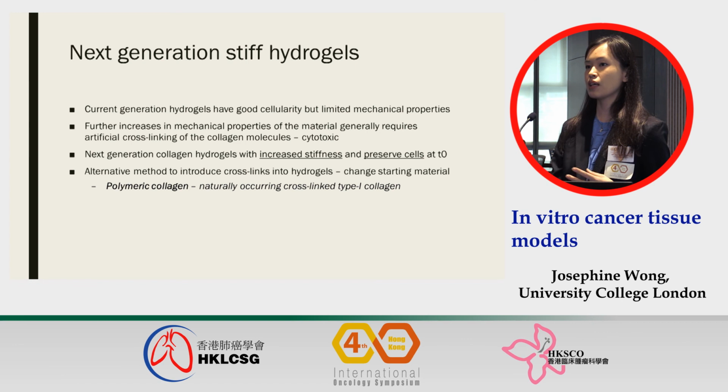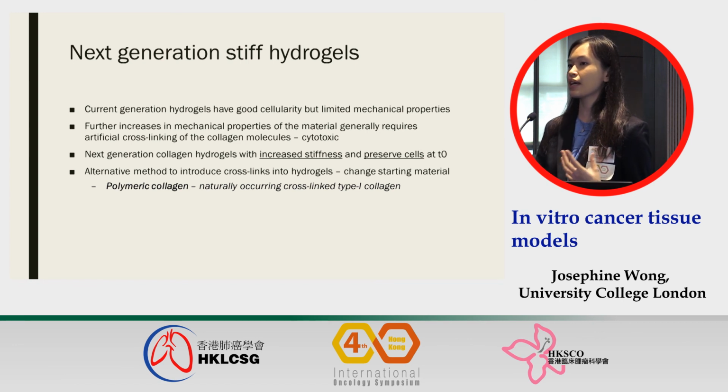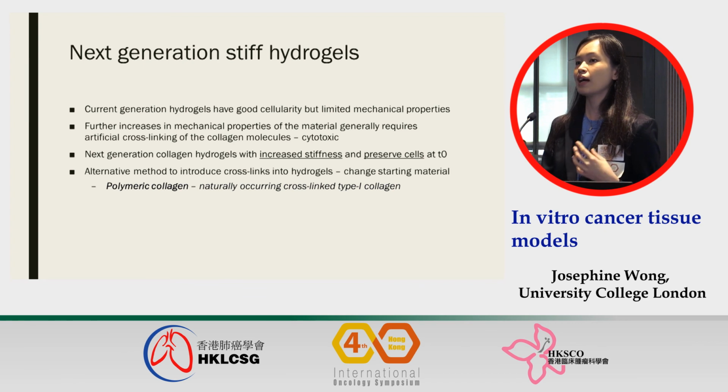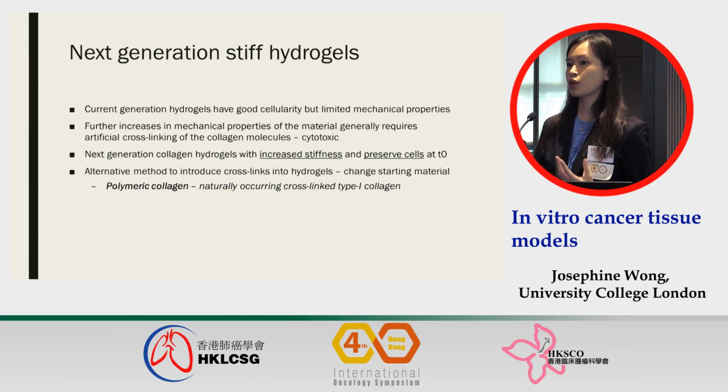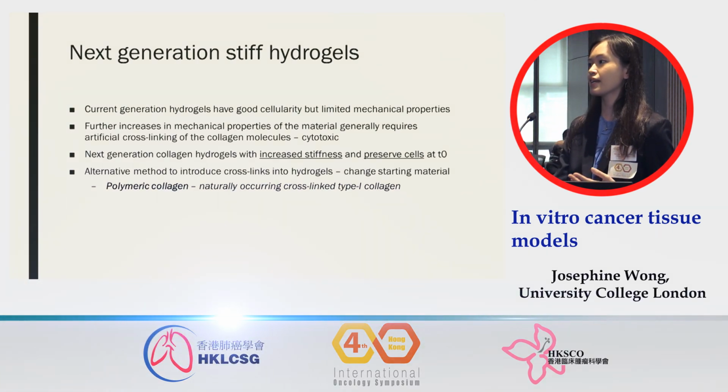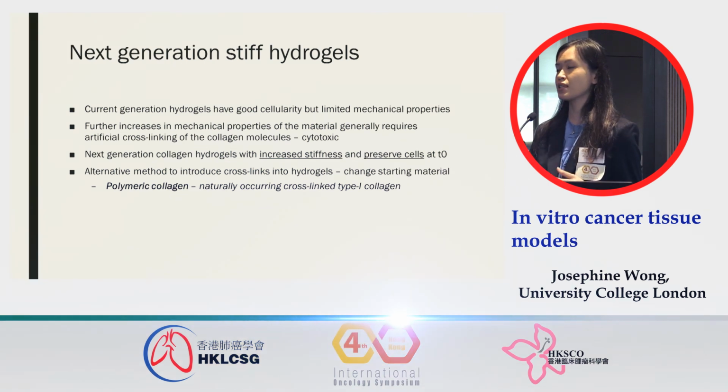To do this, basically I introduced a new starting material into the hydrogel. This is a naturally occurring collagen, which is found in most tissues, and it naturally contains a high proportion of cross-linked collagen.